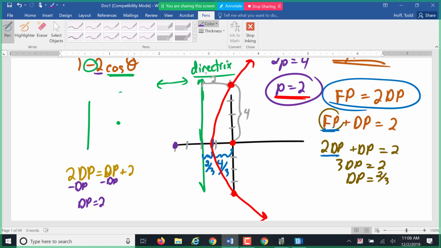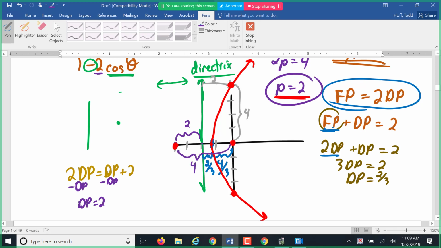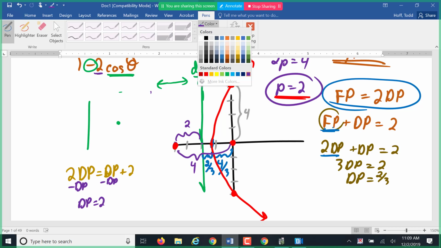You'll see, so I'll put my red point there. This is 2 units, and this is 4 units. So it is twice as far from the focus as it is from the directrix. Now, if I go up in this direction in any way, I know that we have to mirror the other side here.